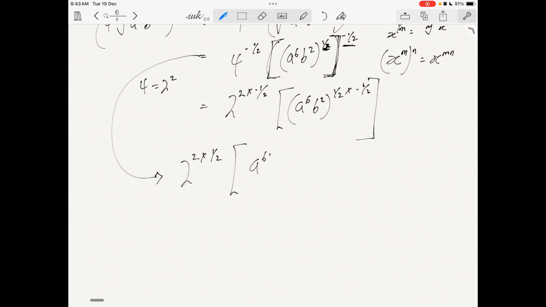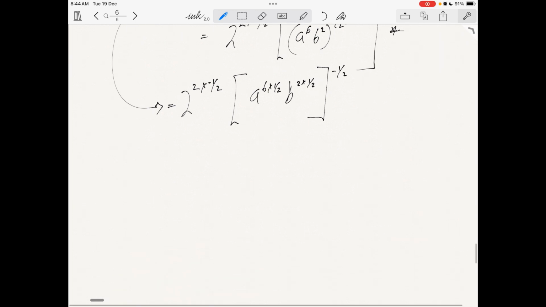So that's a raised to power 6 times 1 over 2, b raised to power 2 times 1 over 2, everything into minus half. Now this also works. Personally, I feel this is easier to understand. There's a minus here.